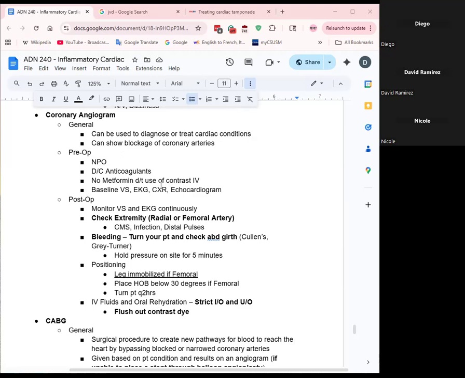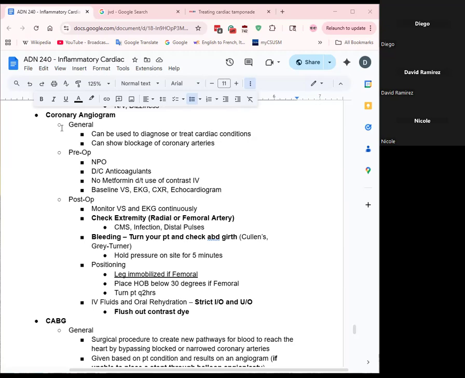Make sure this person has distal pulses from wherever they took it from. Make sure there's no infection going on, and that the site isn't cold or a different color or temperature.